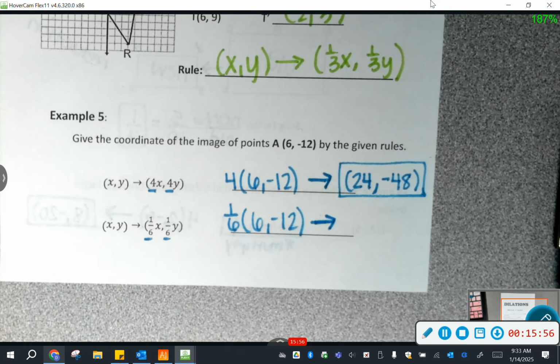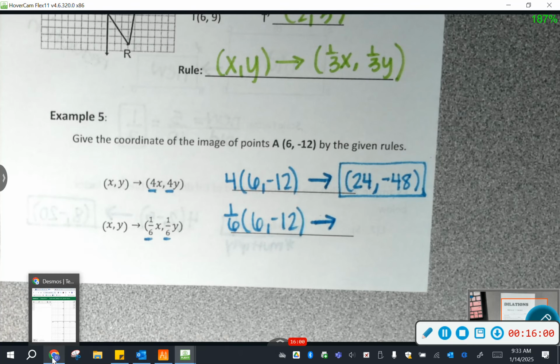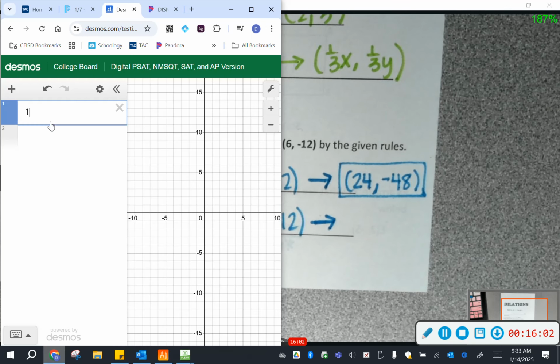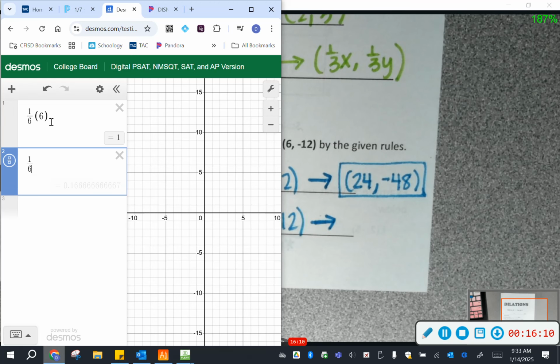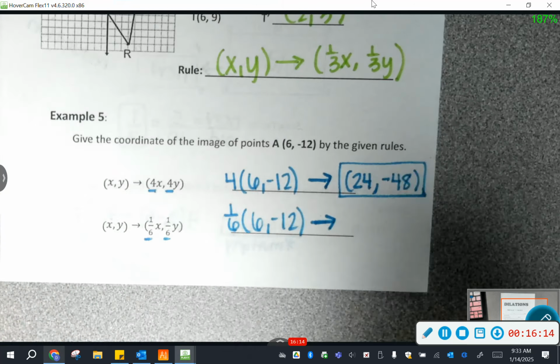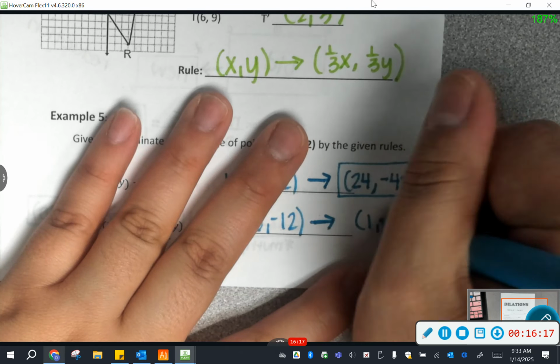Does anybody know what 1/6 times 6 is? Yep, she answered the whole thing, but yes, is 1. What's 1/6 times negative 12? Negative 2. So my answer here is 1, negative 2.